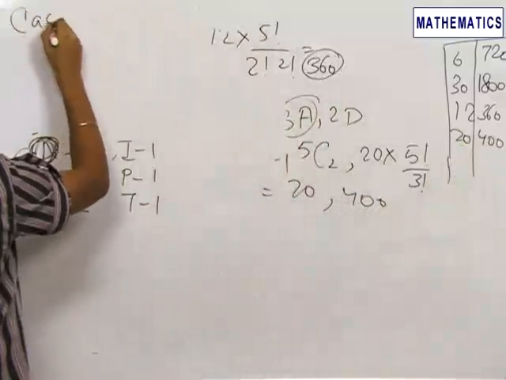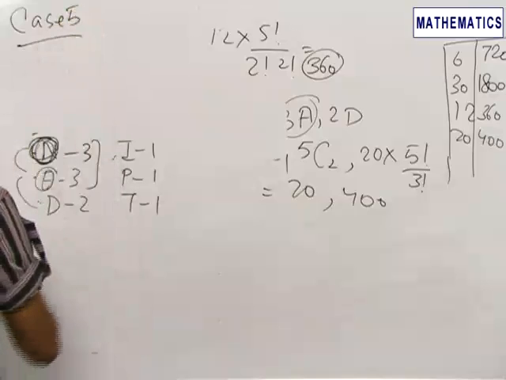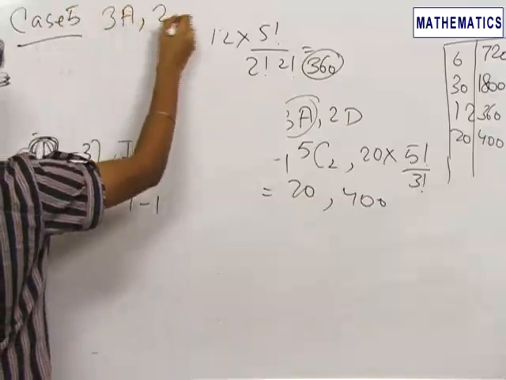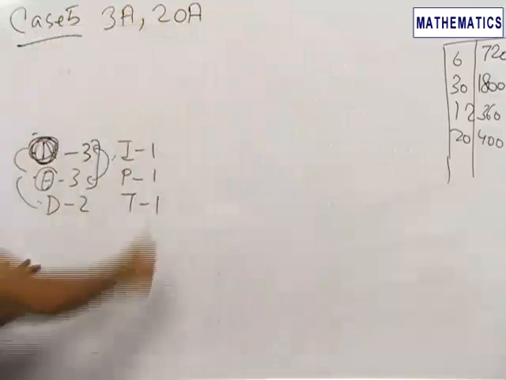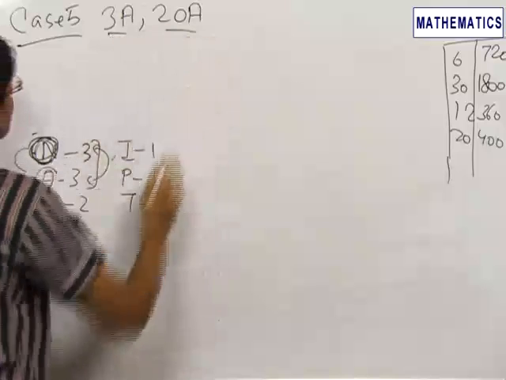Now comes our case 5, which is 3 alike, 2 others alike. So in this case, we want to select 3 alike and 2 others alike.